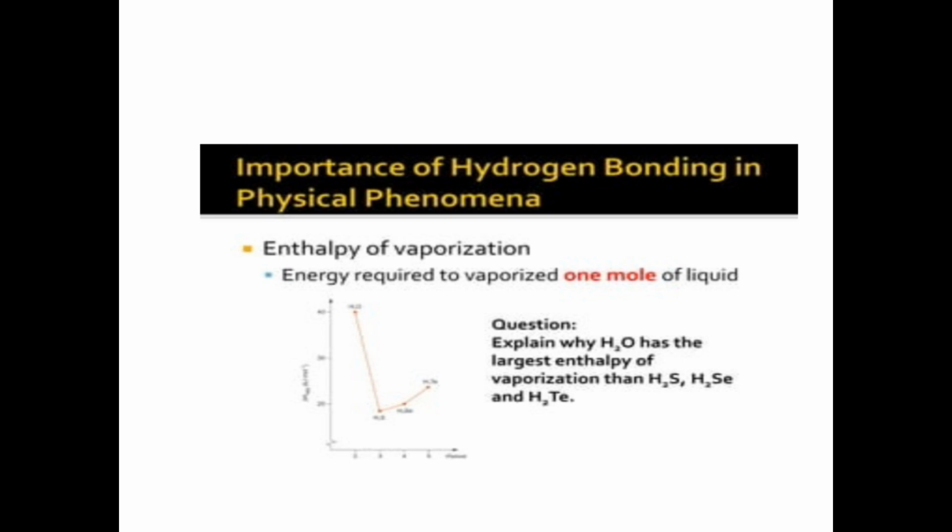So let's look at another importance of hydrogen bonding. And another one is in enthalpy of vaporization. The enthalpy of vaporization is the energy required to vaporize 1 mole of a liquid. The question we are likely going to have here is, why is it that water has the largest enthalpy of vaporization when compared to the hydrides of the other group 6 elements like H2S, H2Se, and H2Te?